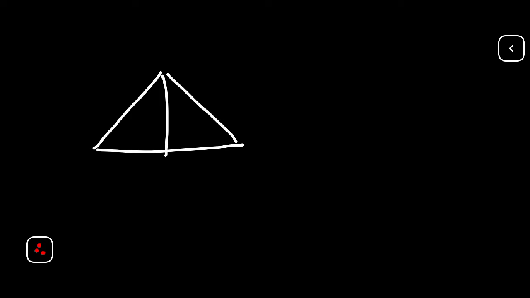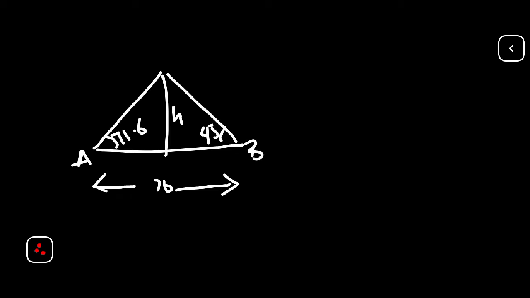We have 71.6 degrees here and 45 degrees here. We have H here, and from here to here is 70, the two boats. Let's call these A and B, the two boats, and let's call this C. We need to find H. For us to find H, from your knowledge of triangles, SOH CAH TOA and the rest, you need to know either this side, CB, or this side.